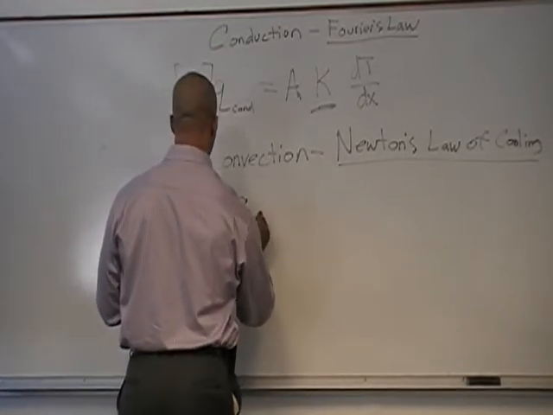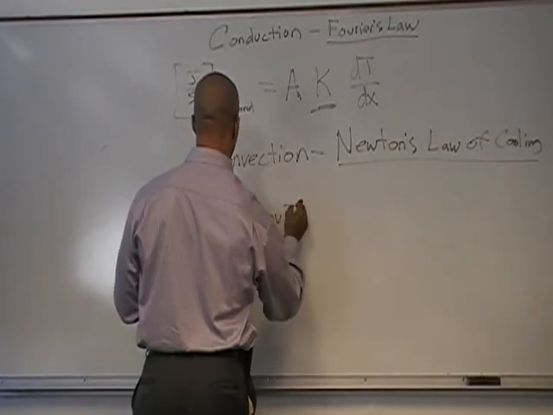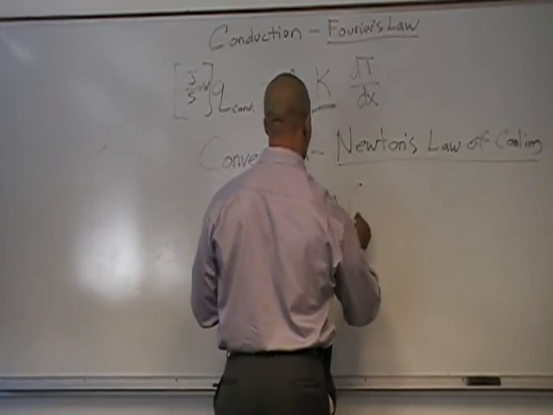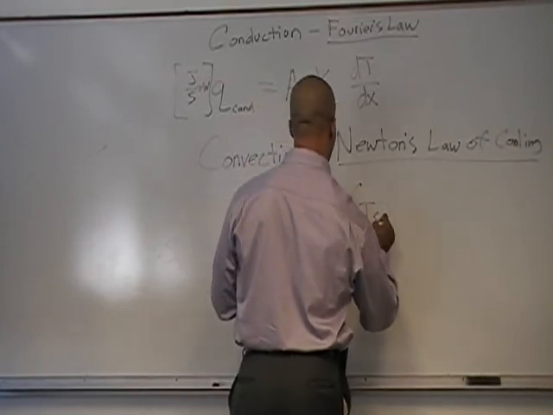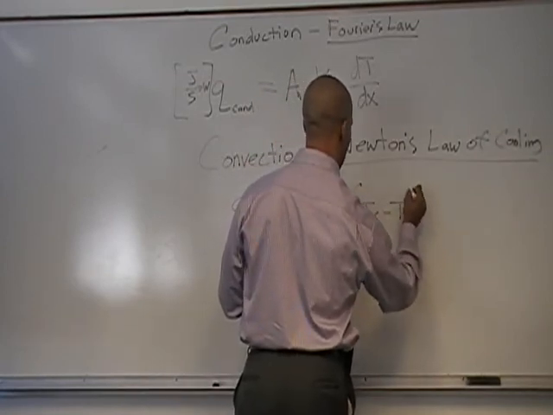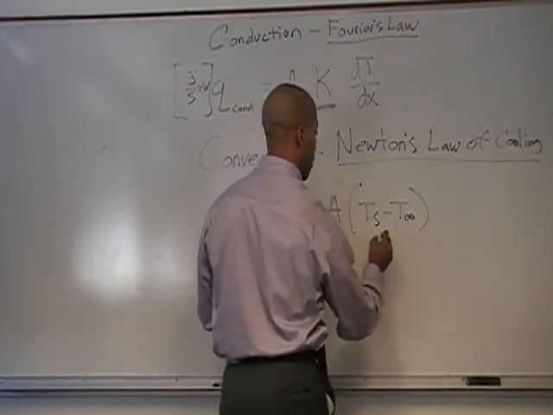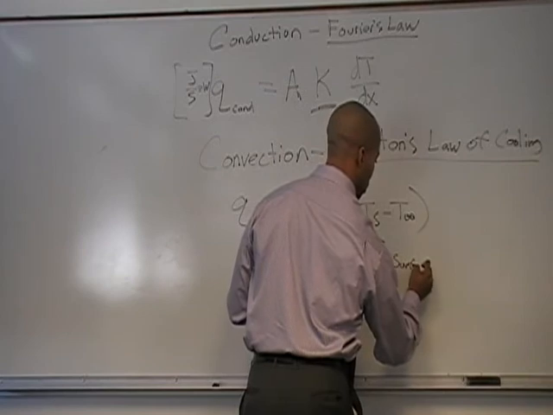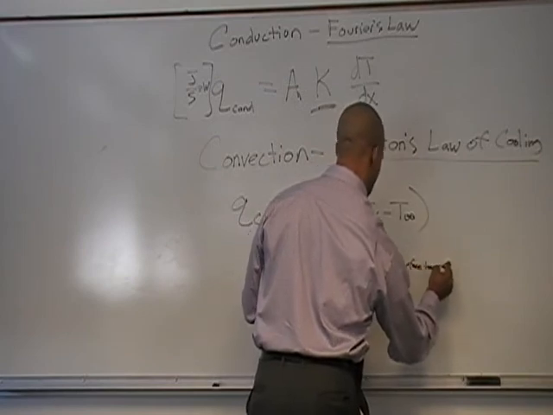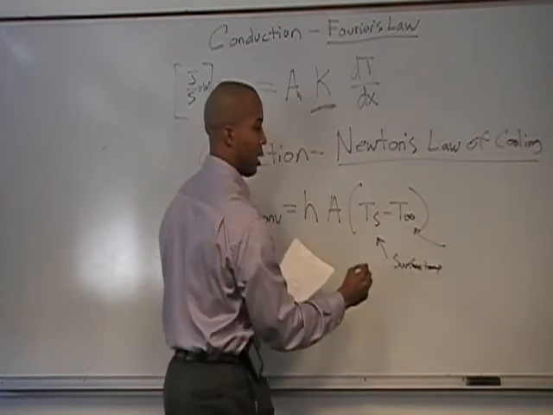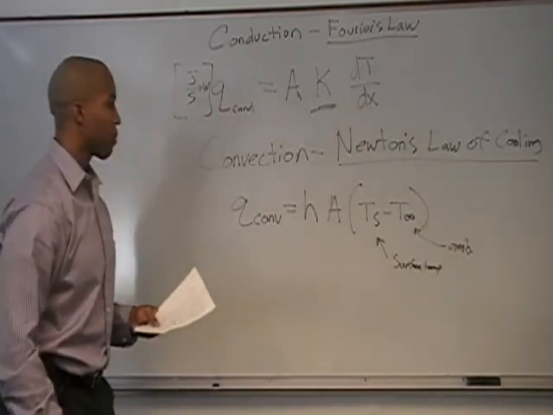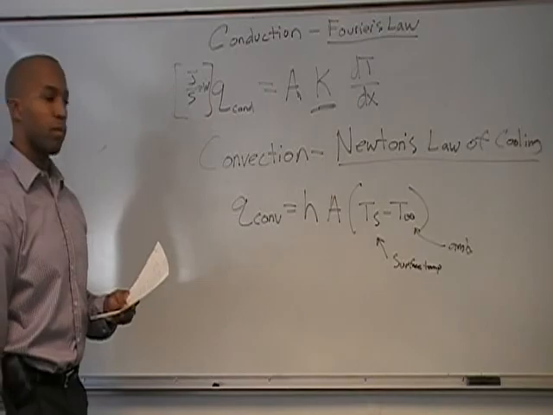So our Q, convection, equals this parameter h, which we'll talk about, times the area of a system, times this temperature difference, where here this Ts is the surface temperature, and this T infinity is the ambient temperature.